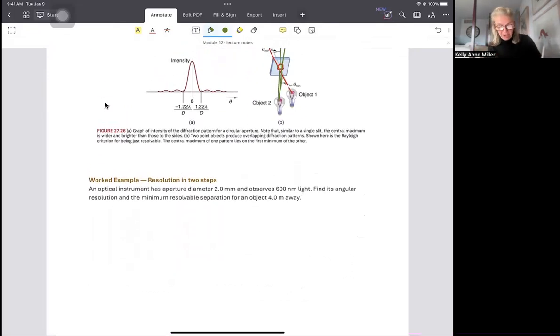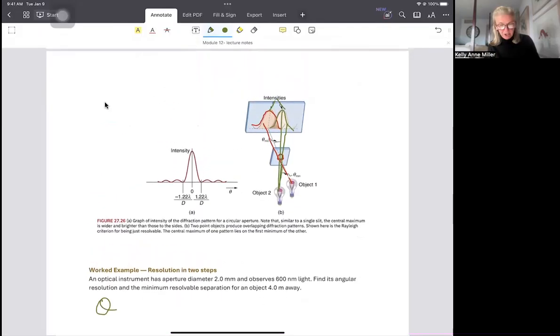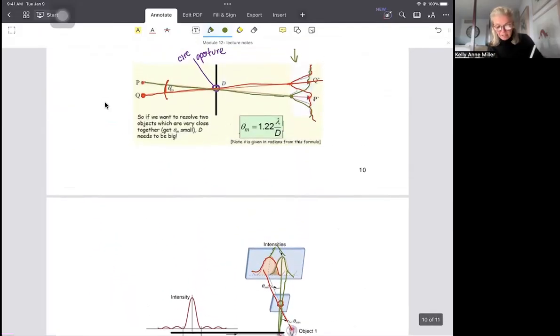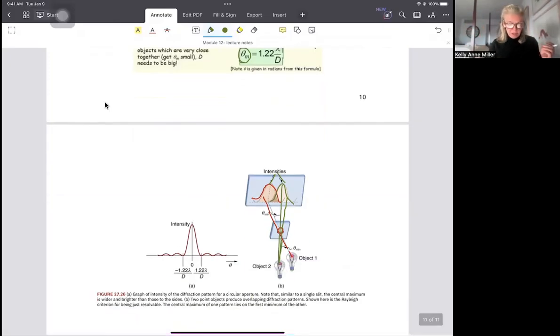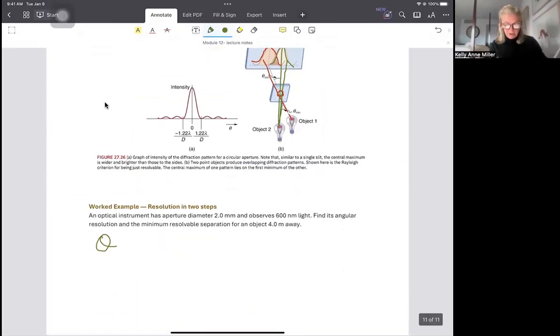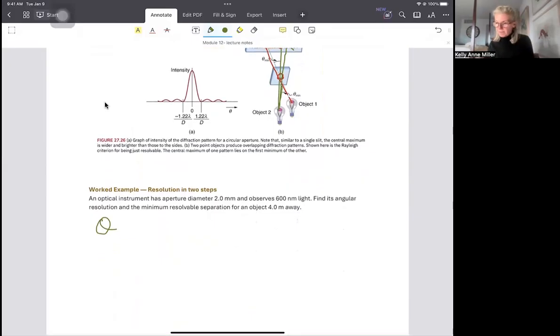Angular resolution is just asking for theta. What is the angle between the two rays where I can still resolve them as two separate sources? Okay, so this is just theta. And the minimum resolvable separation, so that's a linear distance, for an object 4 meters away.